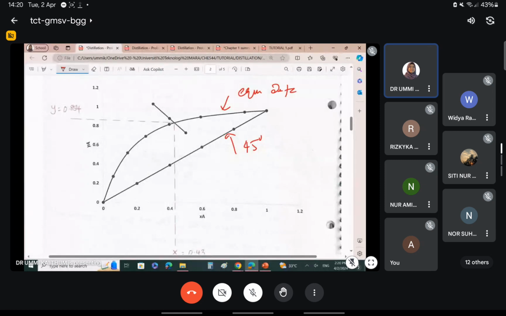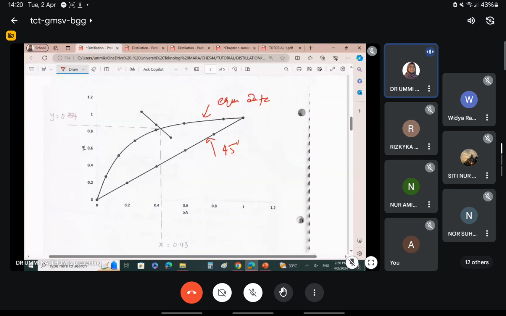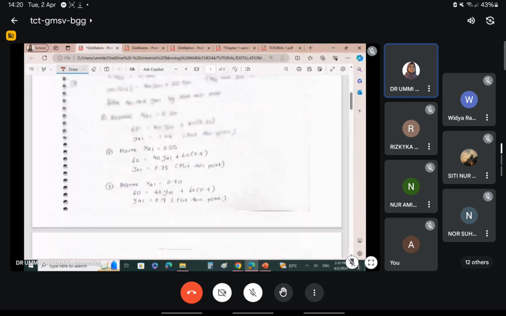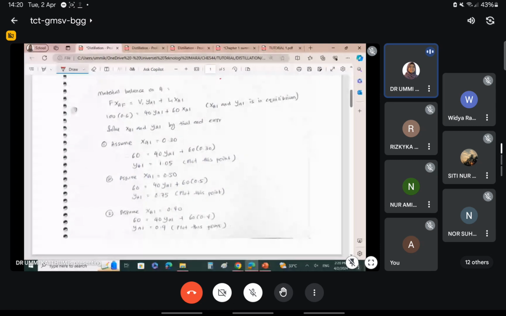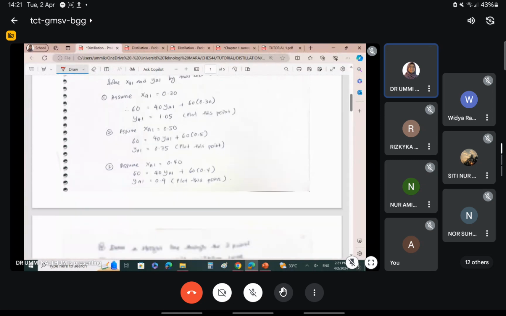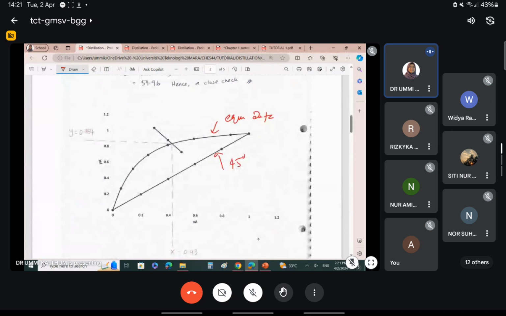So you have to do trial and error. First you have to assume X, then you will get Y. Assume X between 0 and 1, because the fraction is always between 0 and 1.